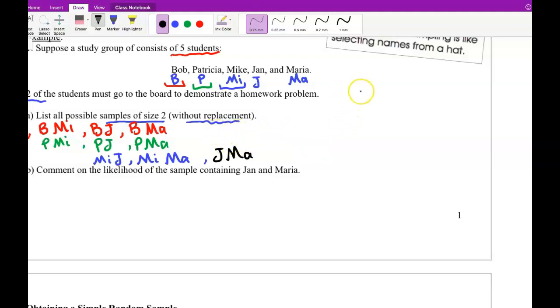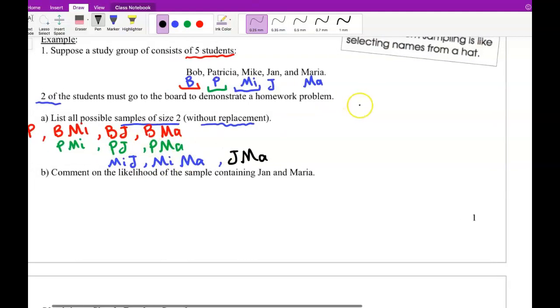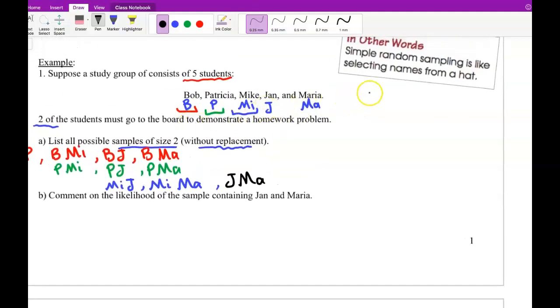Another method for listing these, to better see what's going on here: I started here from the left side, Bob, and listing the rest of these students on the side, P, MI, J, MA. For the first part, I'm using the same color so you can see which one is for which part.